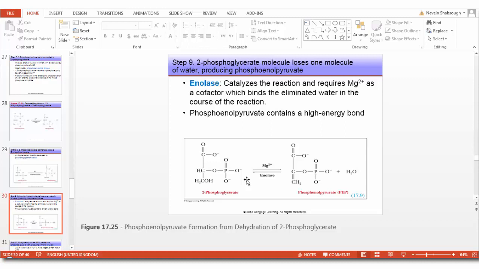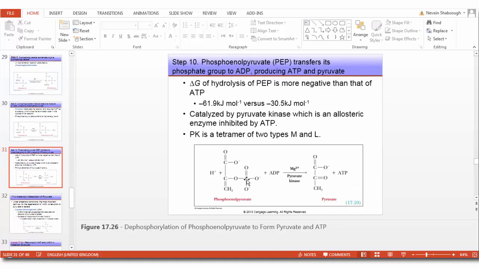In the next and final reaction of the pathway, phosphoenolpyruvate is converted into pyruvate by the enzyme pyruvate kinase, where this phosphate group is transferred to ADP to form ATP.